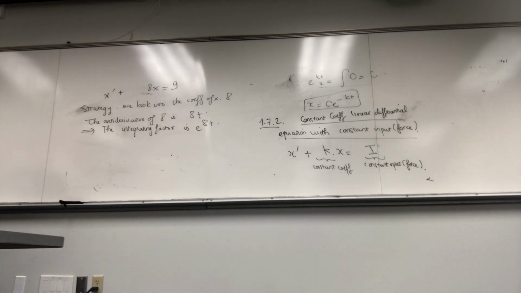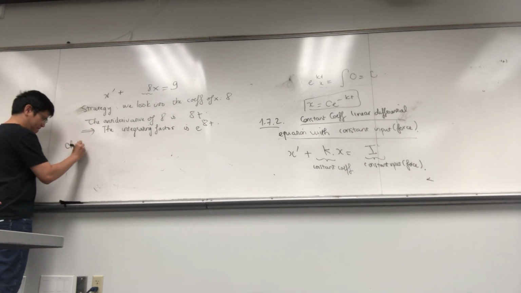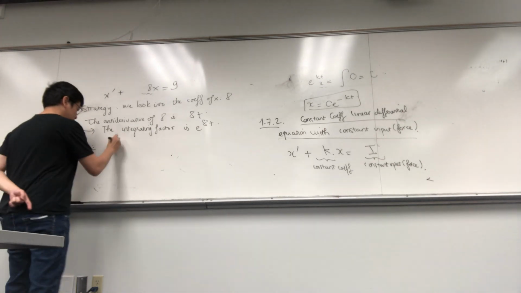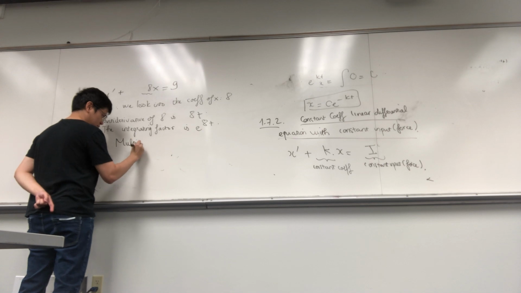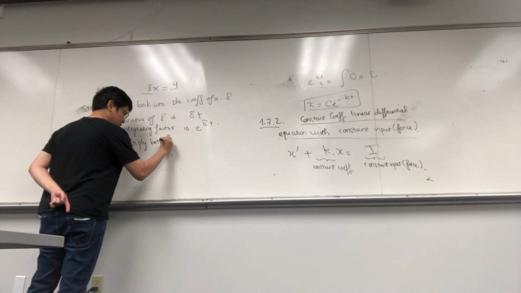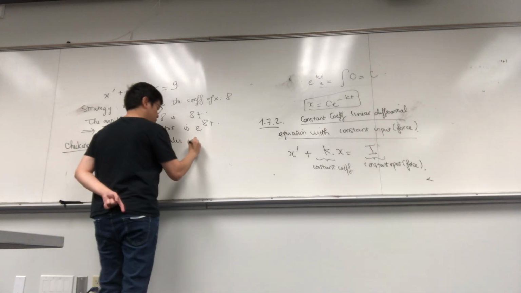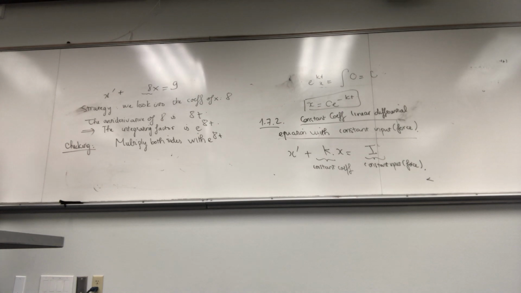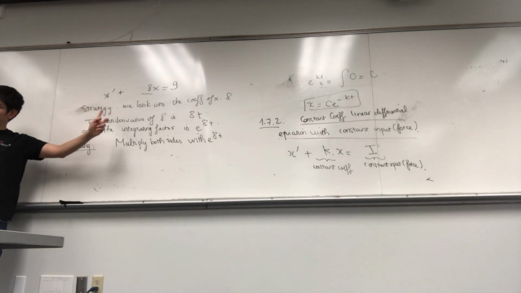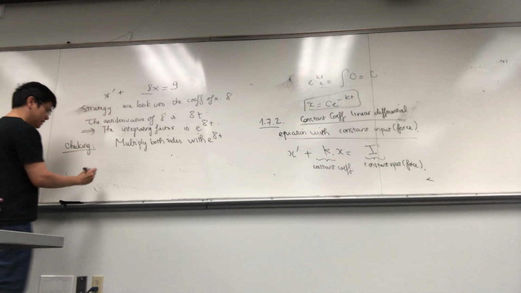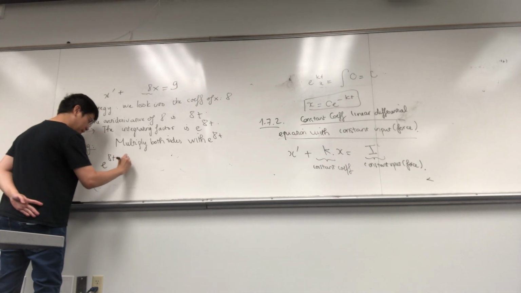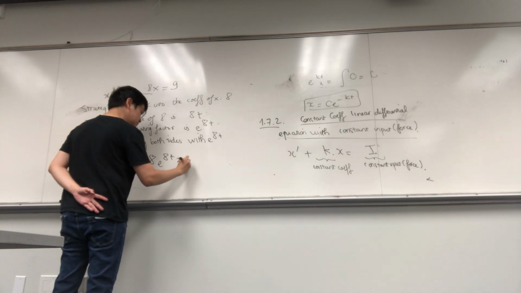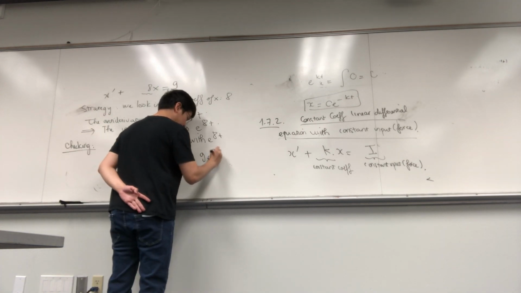So let us check. Now I multiply both sides of the equation with e to the 8t. I'm gonna get e^(8t) x prime plus 8 e^(8t) x, and this is 9 e^(8t).